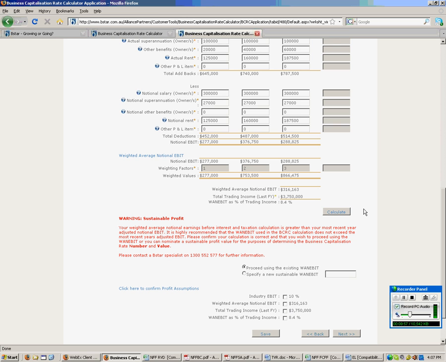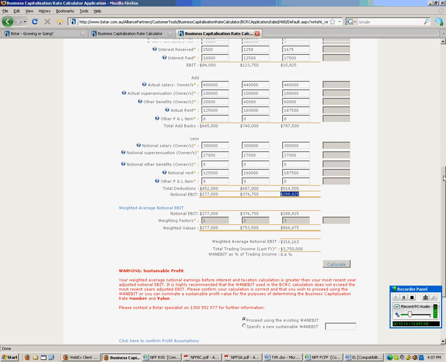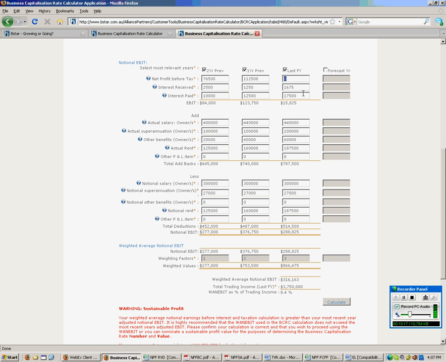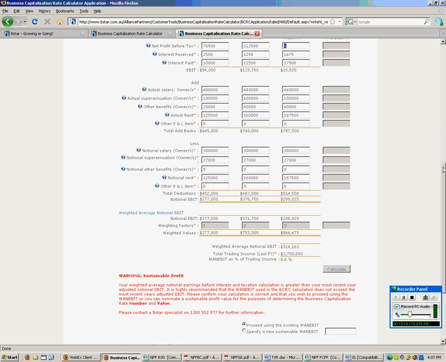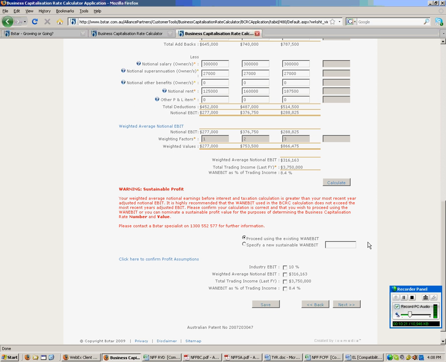It requests alliance partners to consider whether the weighted average profit is the true profit figure for valuation purposes, because it is higher than the most recent year's adjusted profit and net profit. Alliance partners can select to use the weighted average profit or a sustainable profit for valuation purposes.